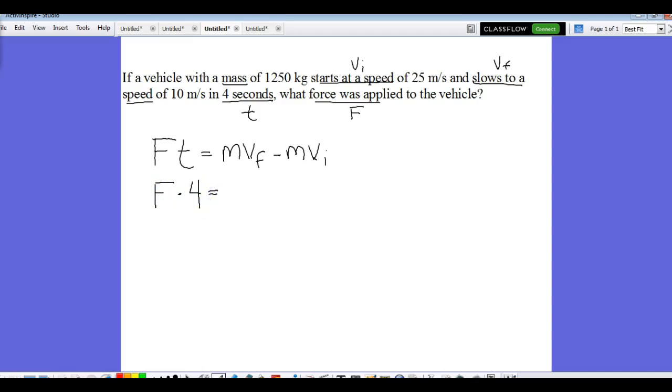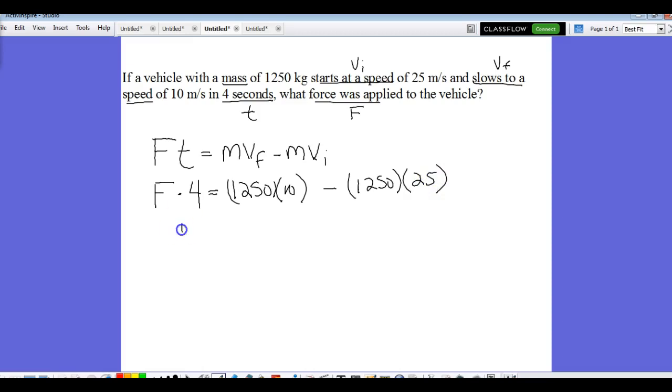And then the mass we have is 1,250, and that's always going to be the same. Velocity final, so slows to, that's 10. And we're going to minus, same thing, mass is 1,250. And then velocity is 25.